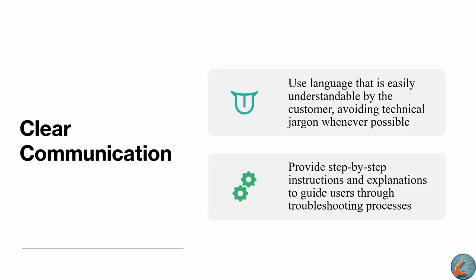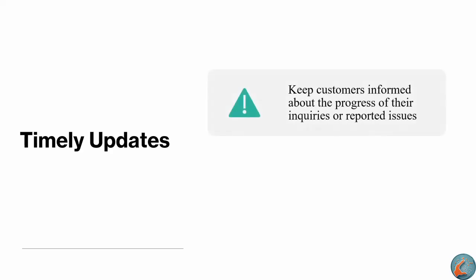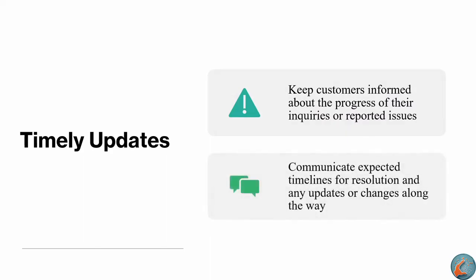And this is very important. Next is timely updates. Keep customers informed about the progress of their inquiries or reported issues, and communicate expected timelines for resolution and any updates or changes along the way. You see, this approach will always make your end users happy.